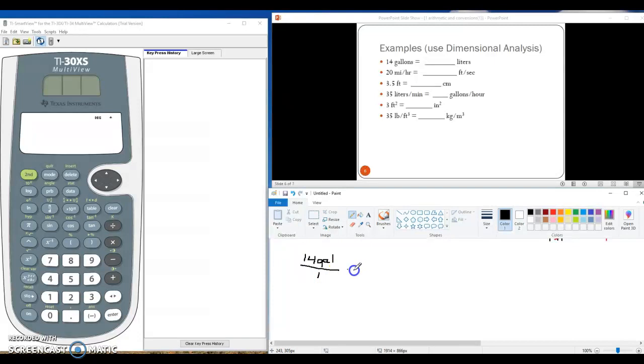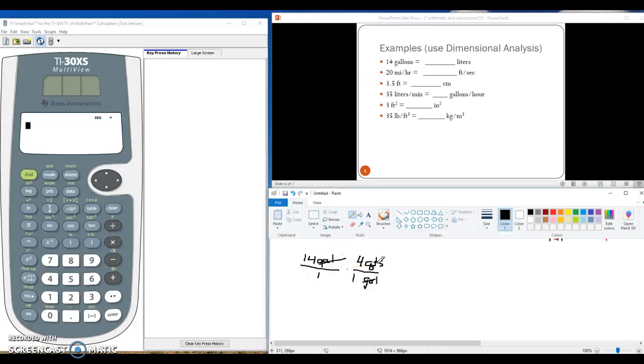Now, I'm going to look on the back of my pre-lecture sheet. I'm looking for something that has a label of gallons because I can use that to cancel the label of gallons. And when I look carefully, I find that 1 gallon is the same as or equivalent to 4 quarts.